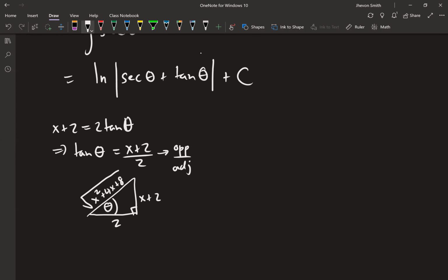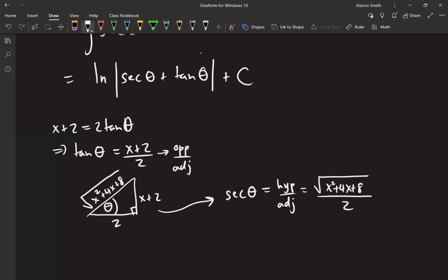From that, we can figure out that our secant of theta is, well, secant is hypotenuse over adjacent. So that is going to be the radical of x squared plus 4x plus 4 over 2. And we can also see the tangent, which we already know. The tangent is x plus 2 all over 2.